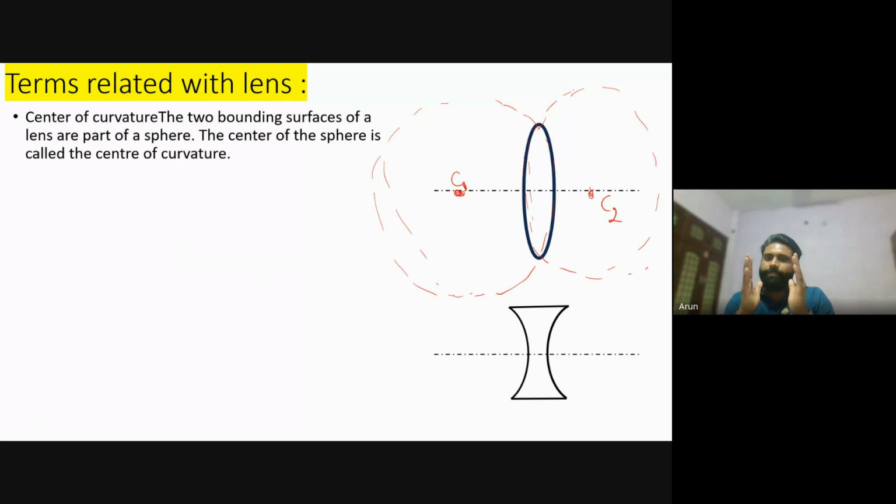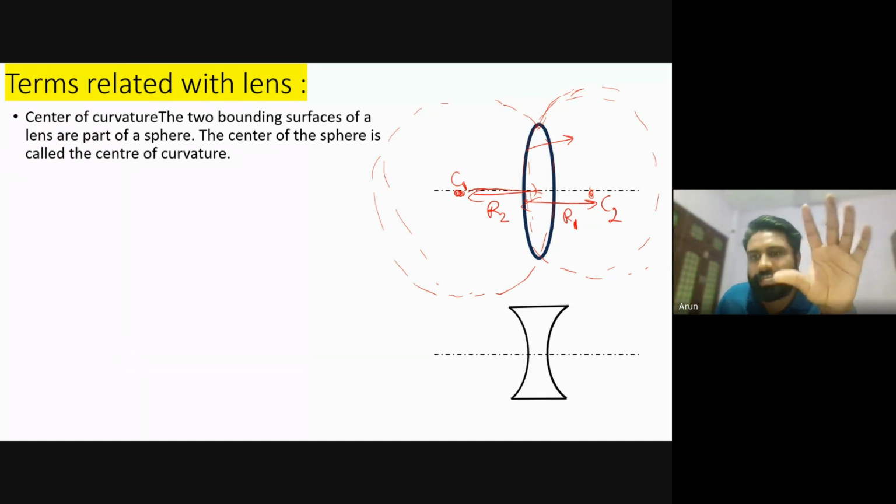So we have two centers of curvature here as shown in the figure. In a similar way, if I measure the radius of this, it is R1, and for this it is R2. Means for two surfaces we have two centers of curvature and two radii of curvature.